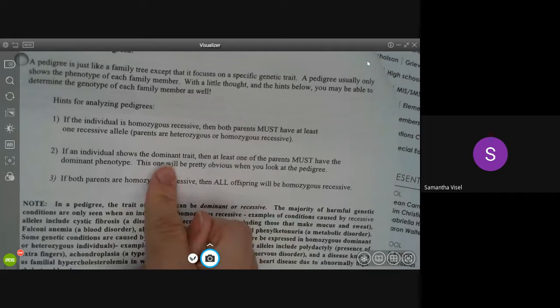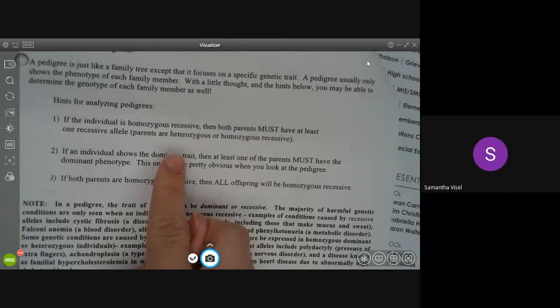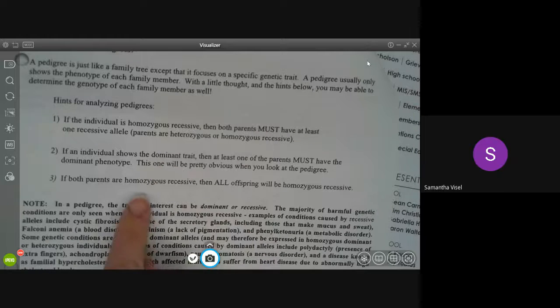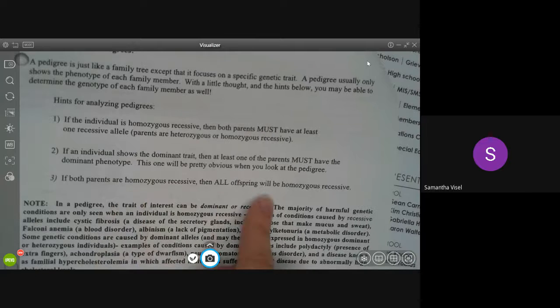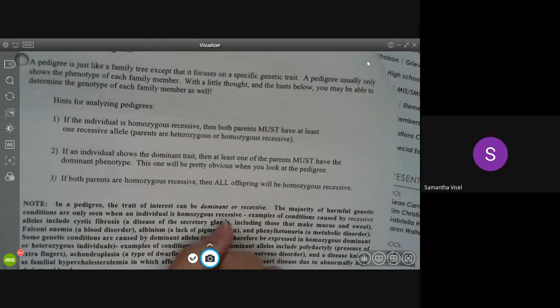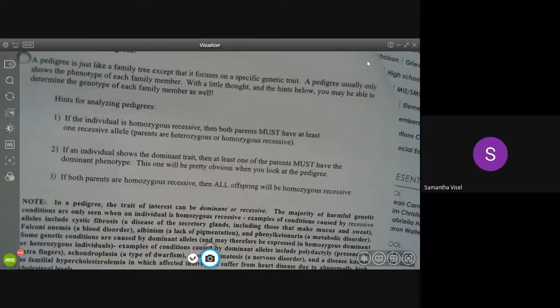If an individual shows the dominant trait, then we follow the principle of dominance, so they must have a dominant phenotype. And if both parents are homozygous recessive, then all offspring will be homozygous recessive because there's no chance to inherit a dominant uppercase allele.